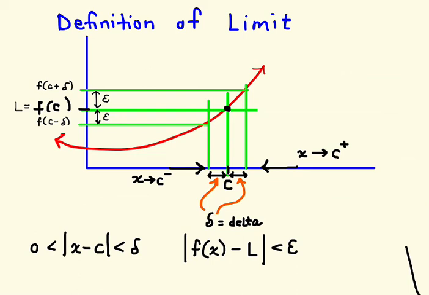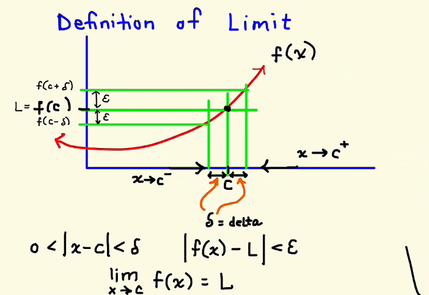So if both of these are true, okay, and this is if the limit as x gets really close to c of our function f of x, and that's the curve you see above, this is the f of x function. As x gets really close to c, the limit of f of x as x approaches c is going to exist, and it's going to be L, which is the height of the function, okay?